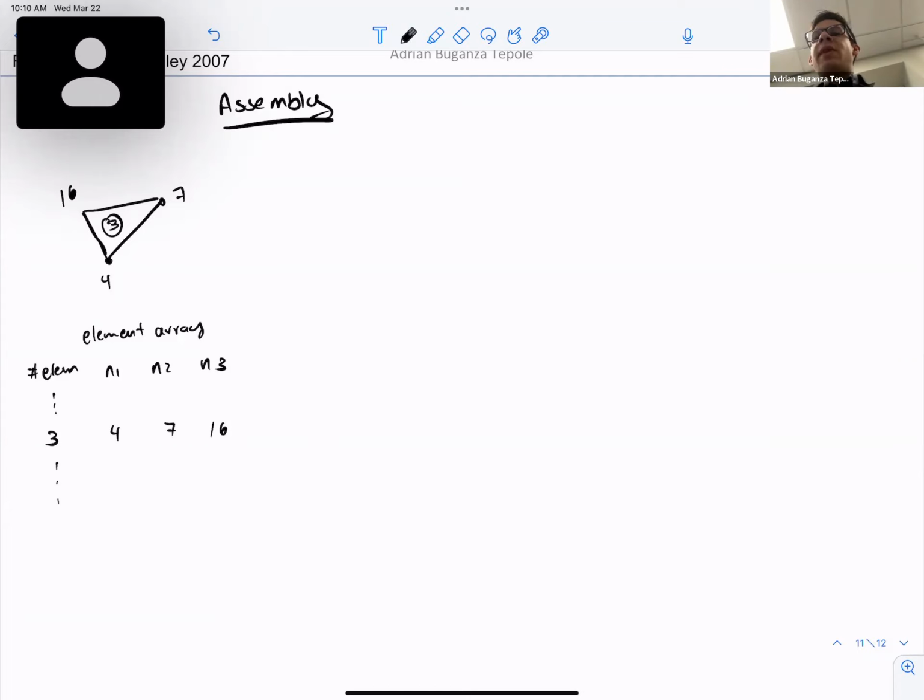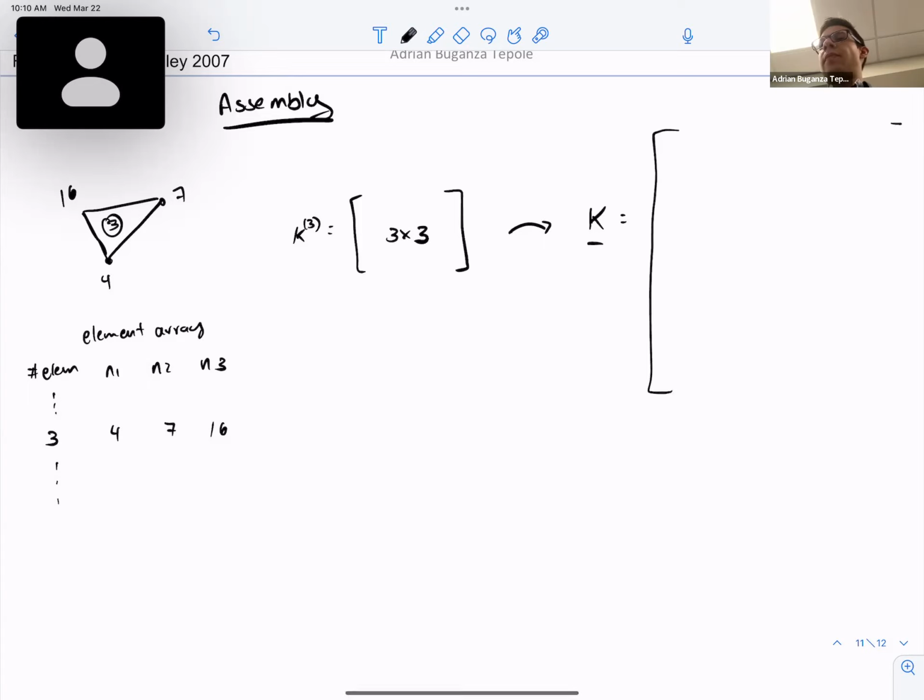So for this element, the K of this element is gonna be this 3 by 3 matrix, right? And we want to put that into a big K matrix that is n node by n node.